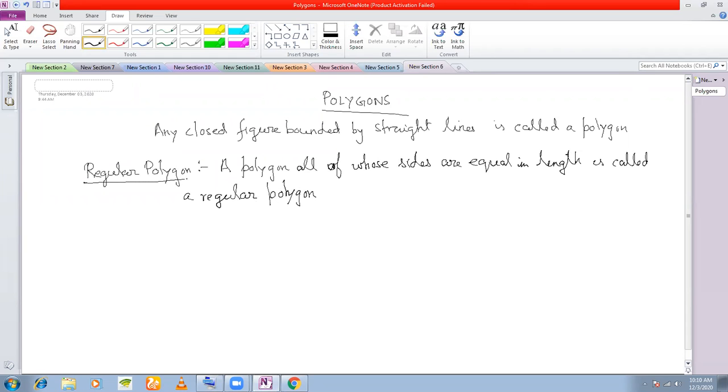Next definition is that of a convex polygon. Now, what is a convex polygon?